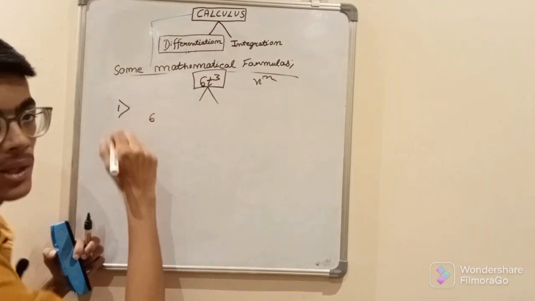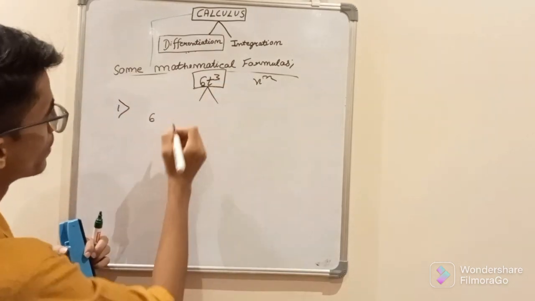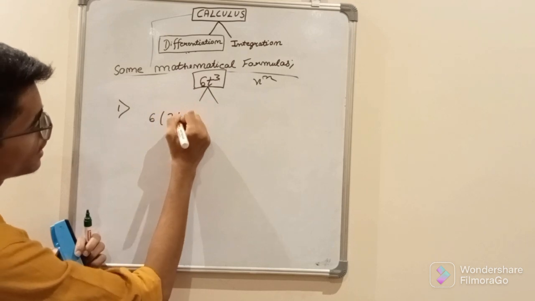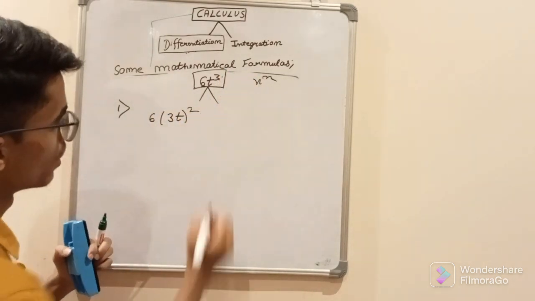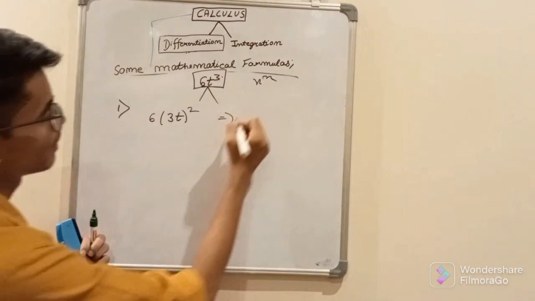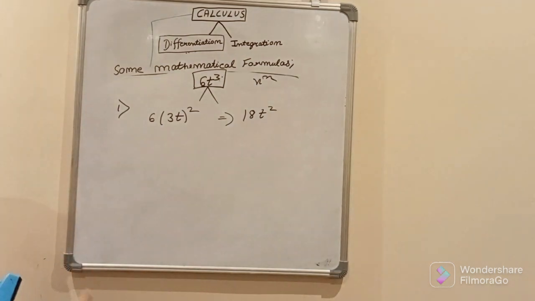So 6 will remain as it is, and the power 3 will shift to the coefficient's place of t, that is 3t, and n minus 1, that is 2. So if we open the brackets, we can simplify it as 18t square.